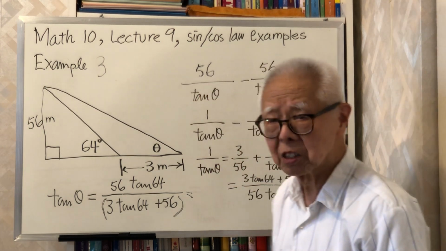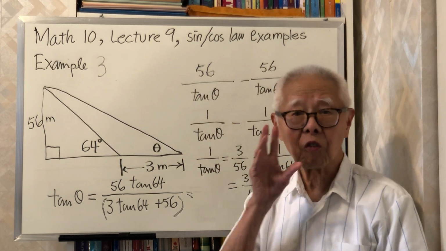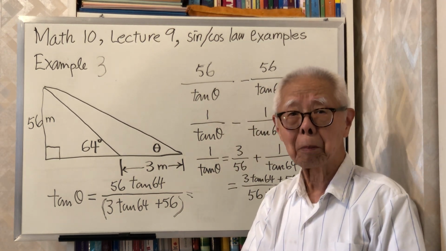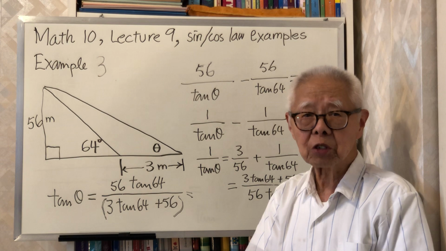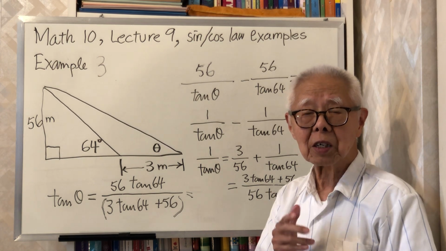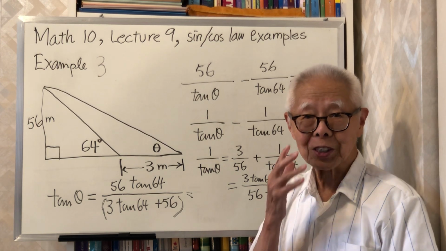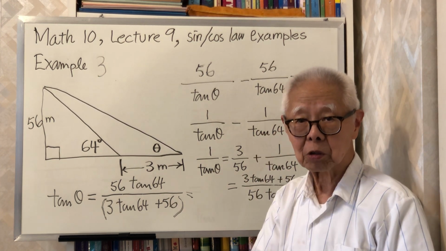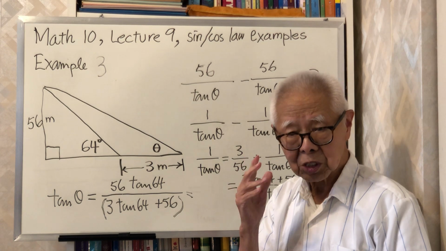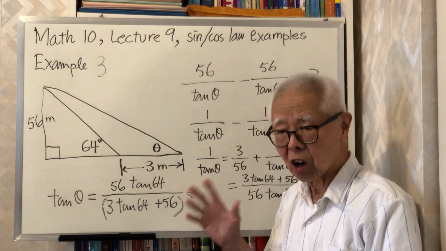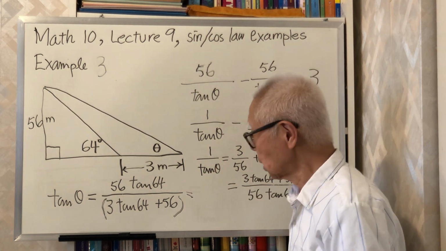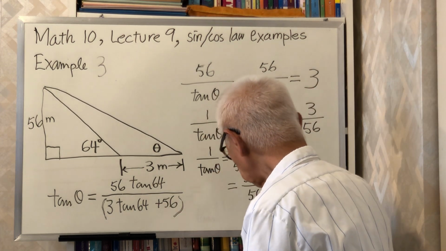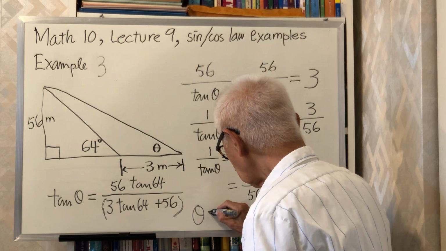What I want to tell you is that you need to know very well how you use your calculator efficiently. You must learn that. If you don't know, go to your owner's manual for your particular calculator. Read the owner's manual. You learn the efficient way of doing a long calculation in one step. So if you do that, you get theta.